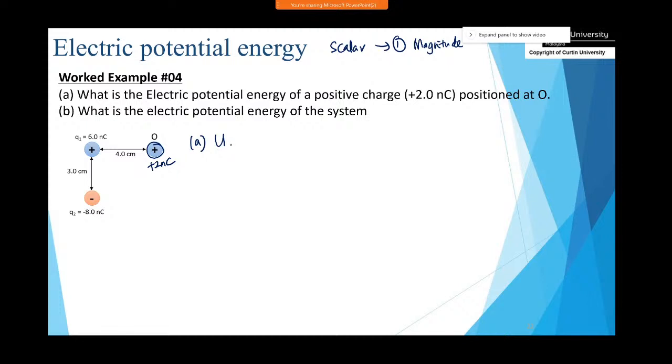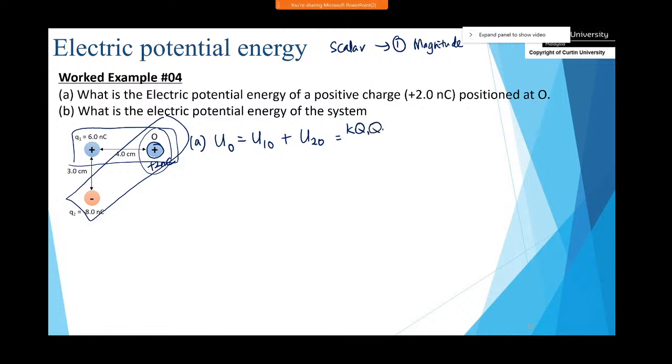The energy owned by this charge is the sum of the energy between charge 1 and point O plus the energy between charge 2 and point O. So plug in the values: k Q1 QO divided by distance 1O, plus k Q2 QO divided by the distance between charge 2 and point O.